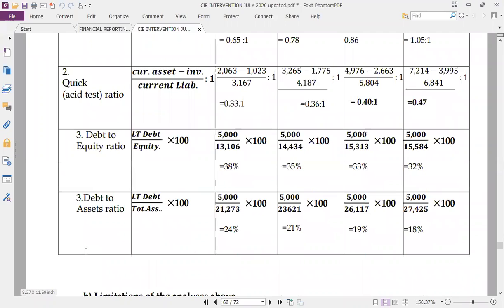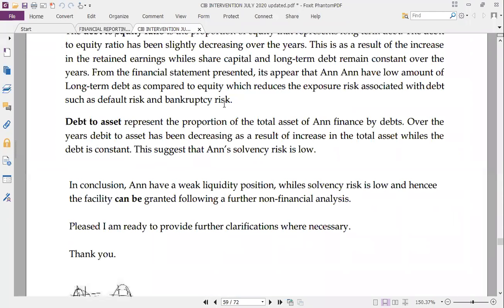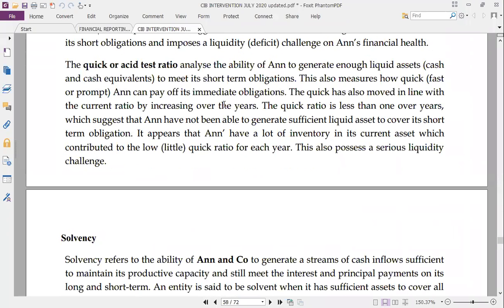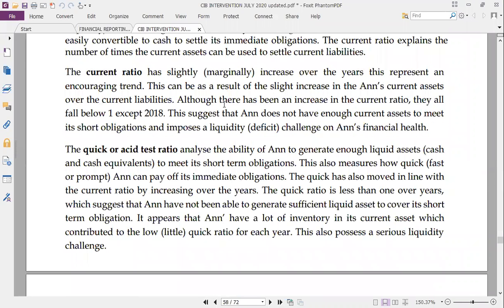Then debt to equity and debt to asset. That's all, 4 ratios. So we have used 4 ratios to write a full report on ANCO. Don't say that the ratios are not many, so you can't write a nice report.